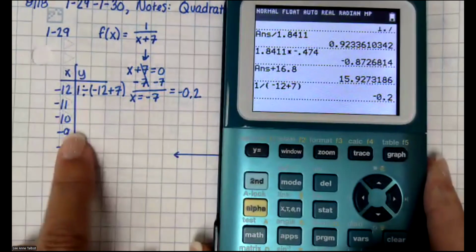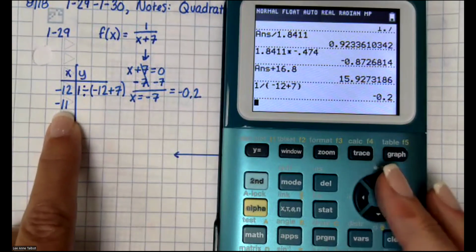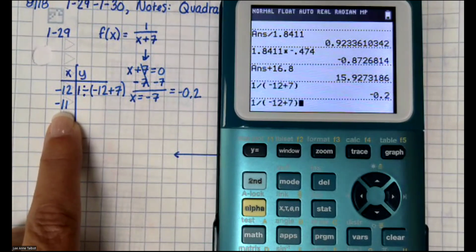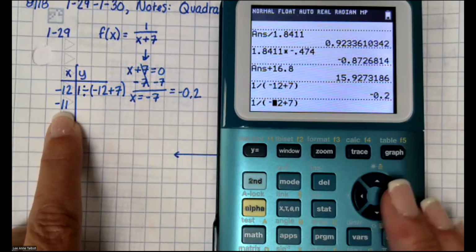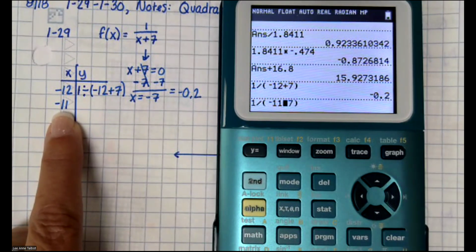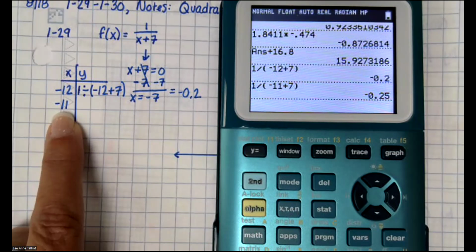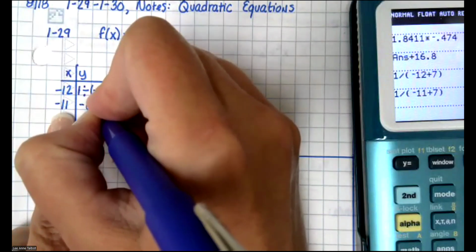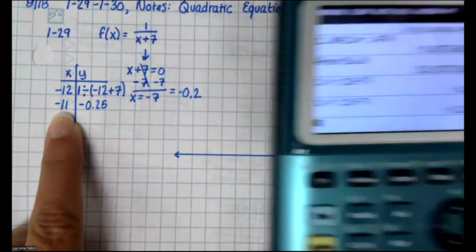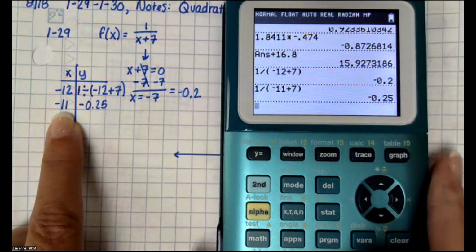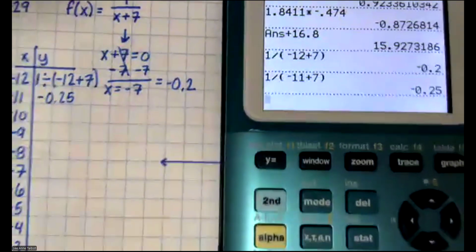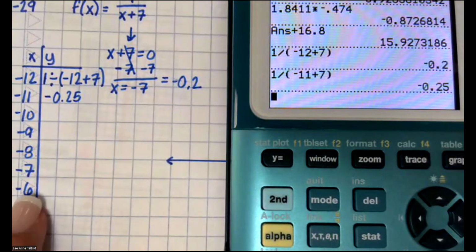Okay, now, again, I'm lazy, so I'm going to scroll up 2 times and hit enter and change that negative 12 to a negative 11, negative 0.25. Are you guys with me? Okay.